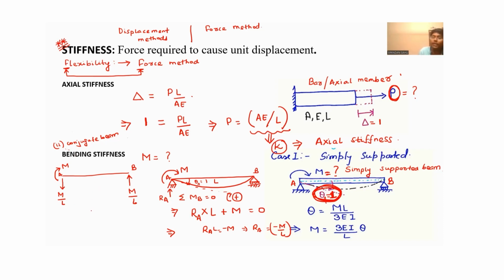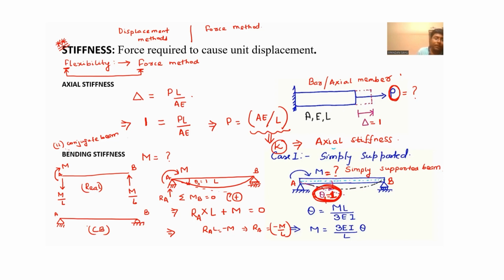For the conjugate beam method, you need to determine a conjugate beam of the given real beam. Your real beam is a simply supported beam, and CB is the conjugate beam. So your conjugate beam also will be simply supported, A and B. Now, in the conjugate beam, what will be the loading?